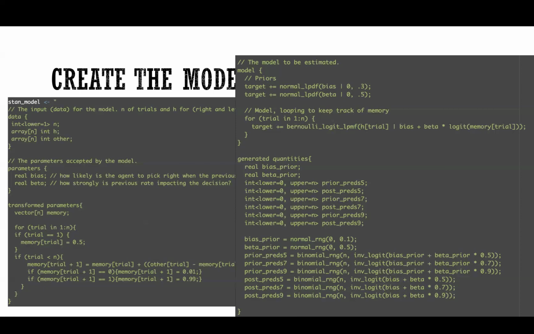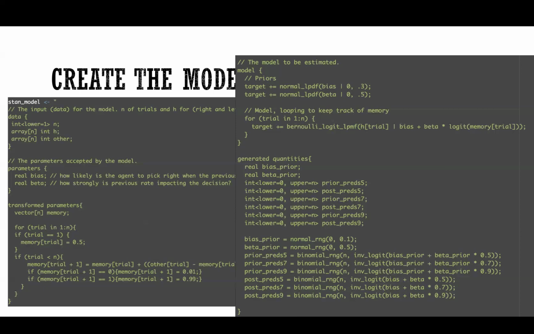Then we loop on a trial by trial basis, a Bernoulli logit that tries to predict the choice of right or left for that trial, given the bias plus beta times the rate that the other has been using to pick right, put through a logit, because we're in a log odds space. And then we have generated quantities. Bias prior, beta prior. And here we do predictions, as I was telling you before.